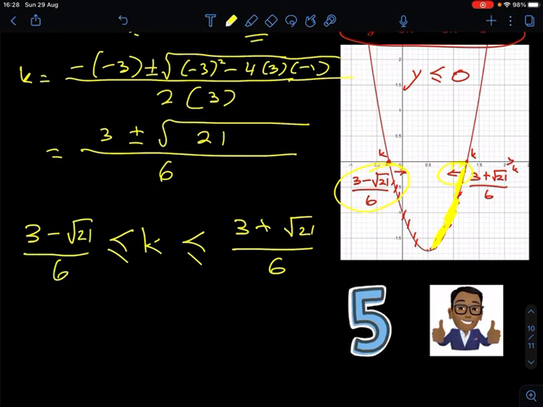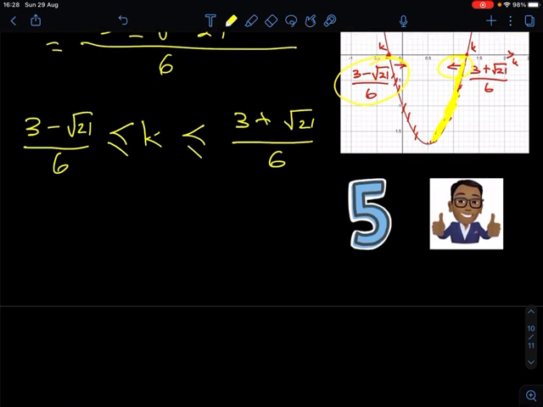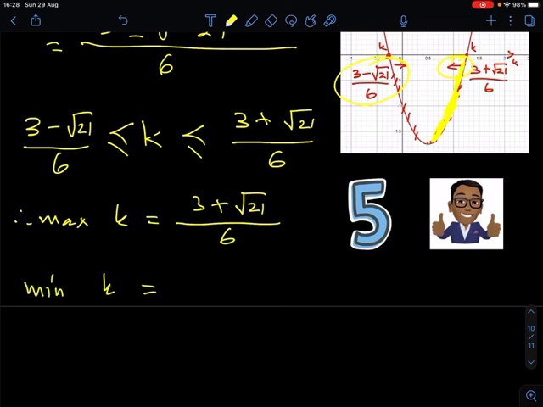That means the maximum value of k is 3 plus square root of 21 over 6, and the minimum value of k is 3 minus square root of 21 over 6.